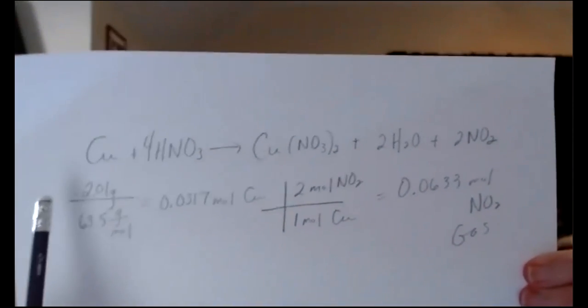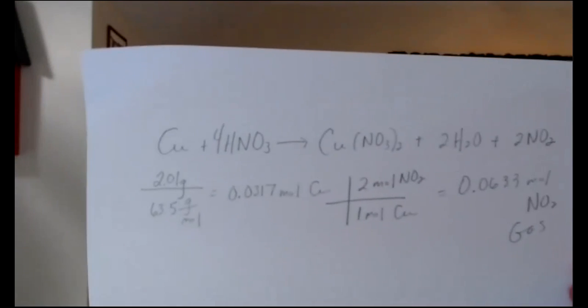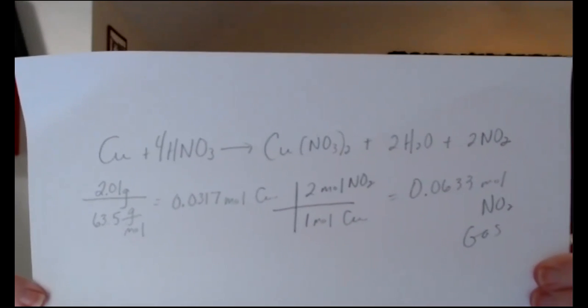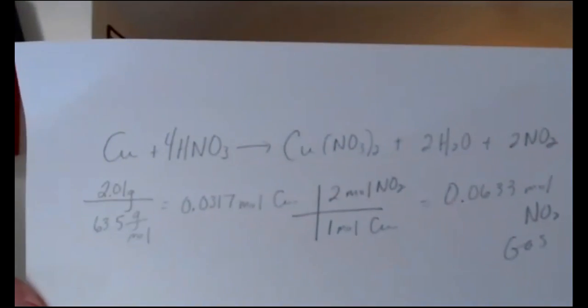This is the reaction they gave you, and it was already balanced. Oh, by the way, on your lecture final, you can't assume the reactions we give you are balanced. Check. If they've got coefficients, they're probably balanced. If they don't, that means you need to balance it. Okay, anyway, back to this reaction.